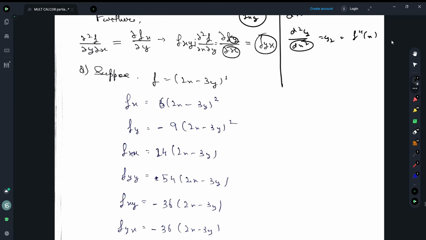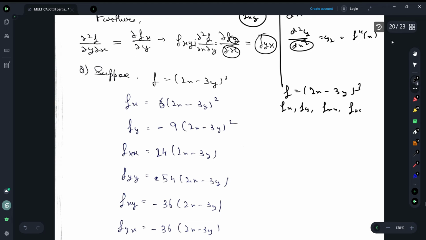Suppose you are given this function f equals (2x minus 3y) whole cube. You are asked to find fx, fy, fxx, fxy, fyx, fyy. Okay, let's check. So what is fx? Fx is 3 times (2x minus 3y) whole square times 2.